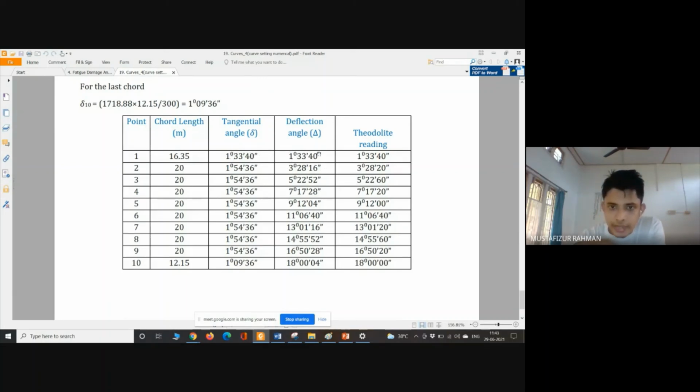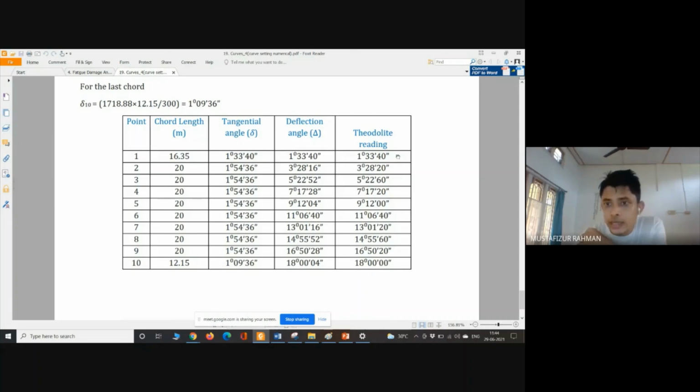The first value added to the next tangential angle. Capital delta 3 here is equal to this value delta 2 plus small delta 3. So that way we will have cumulative values on this column, okay? Because we are adding the angles and we are providing the angles from one point only.